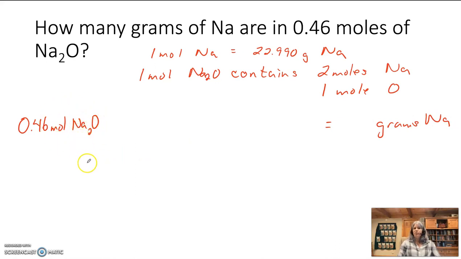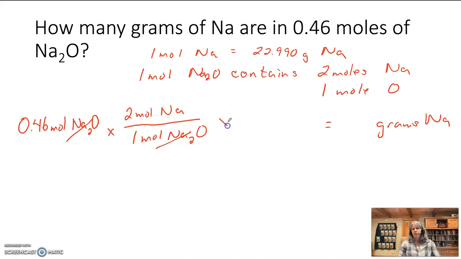Since we know how to convert moles of Na to grams of Na, we just did that in the last problem, we just have to figure out how many moles of Na are in these 0.46 moles of Na2O. Okay, so we can set up our conversion here that for every 1 mole of Na2O, we have 2 moles of sodium. How do we know? Because the formula is Na2O. Now we'll be able to cancel these out. We'll have moles of sodium, and we can convert that to grams using the conversion factor we've already used.